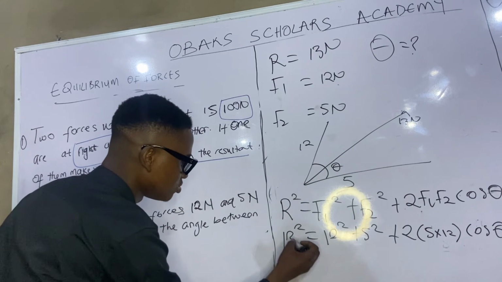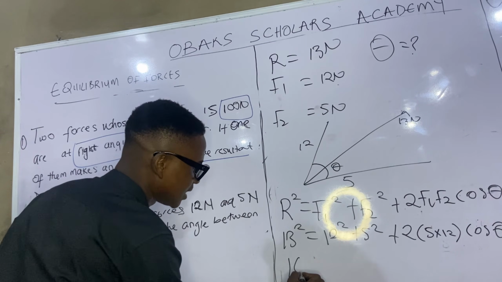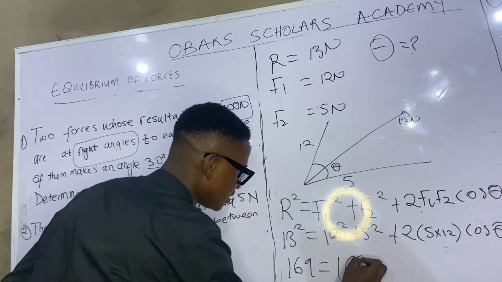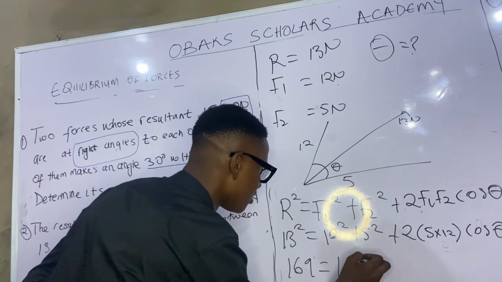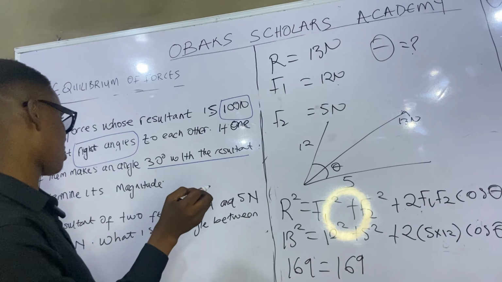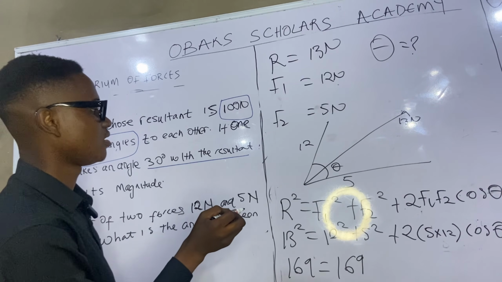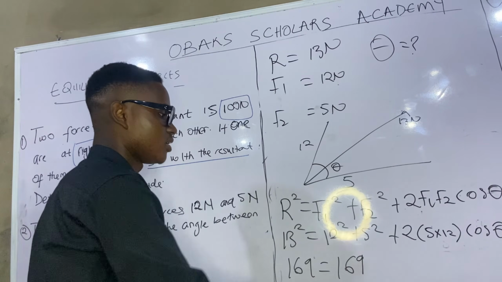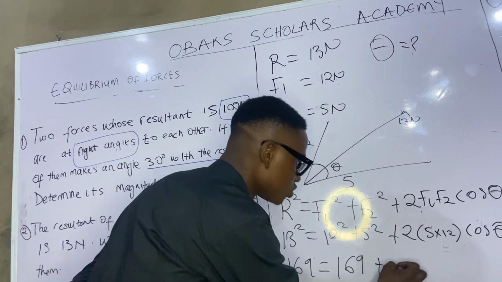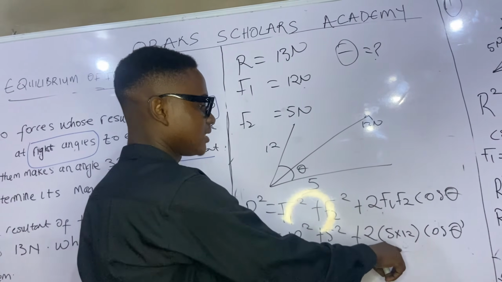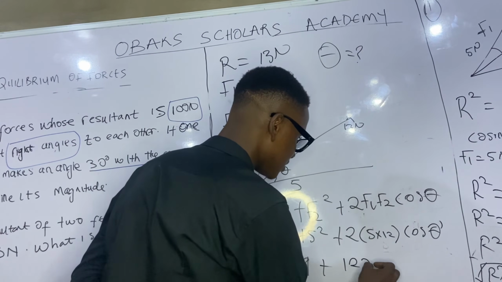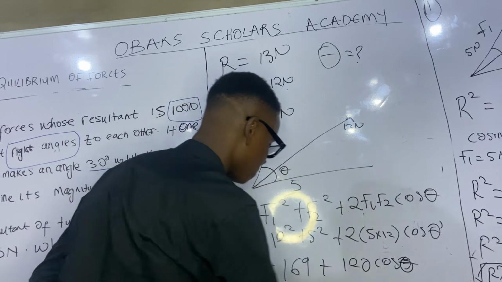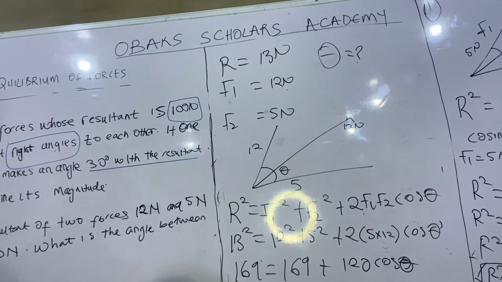So 13 square is 169. 12 square is 144, plus 25, 5 square, that's 169, plus 2 times 5 is 10, 10 times 12 is 120 cos theta. So we can collect like terms here.